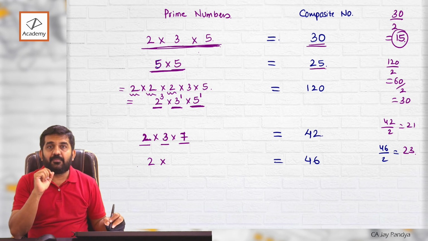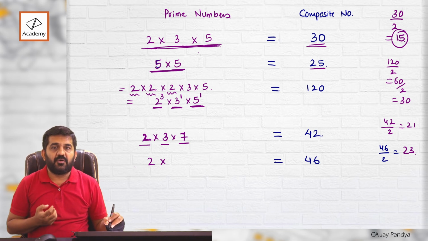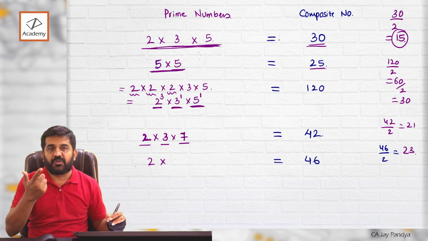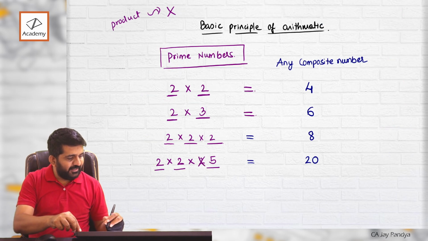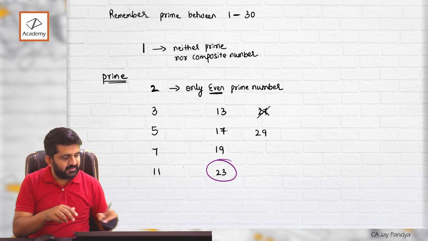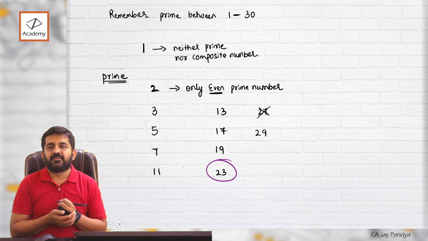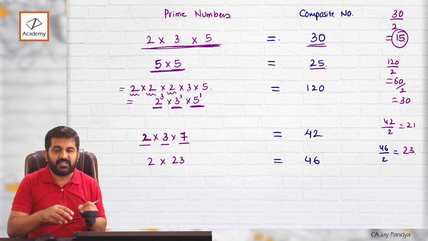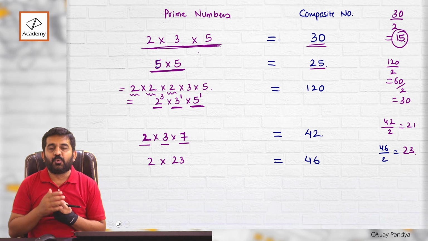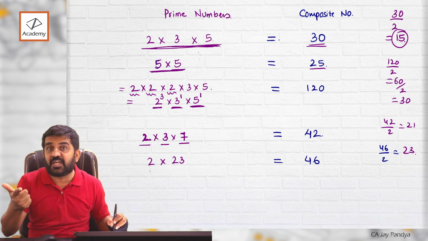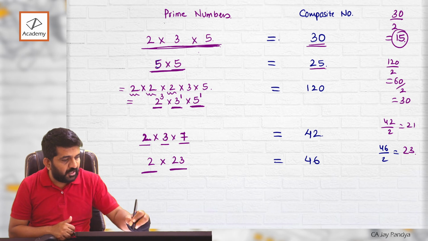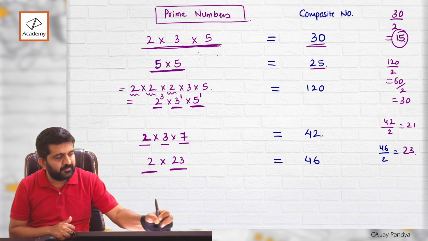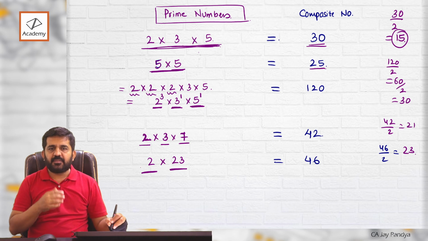See, this is why knowing prime numbers orally, without thinking, is important. 23 itself is a prime number. So there will be directly answer 23. 2 into 23. Again that magic happened. Both are prime numbers.